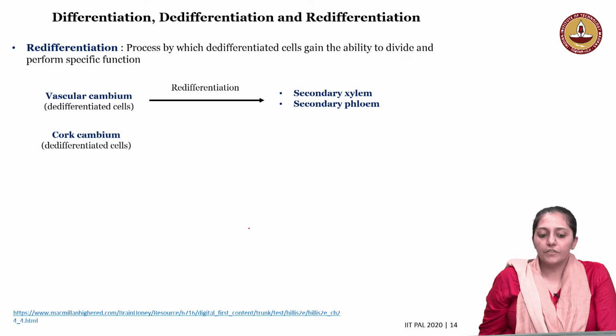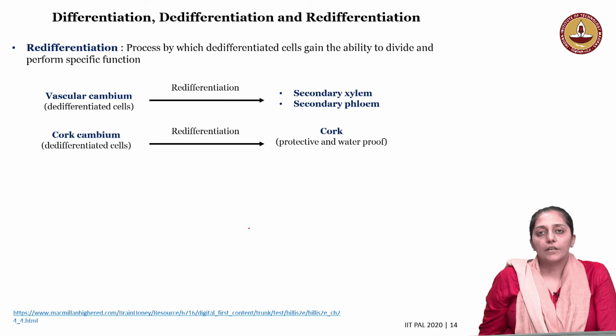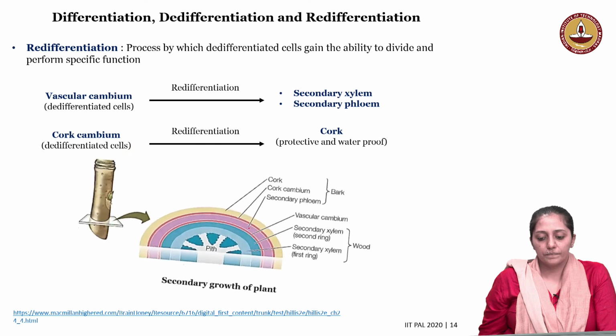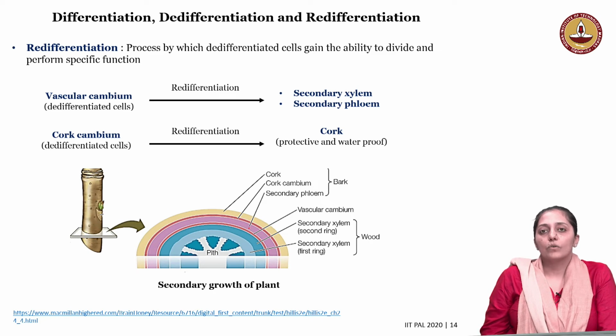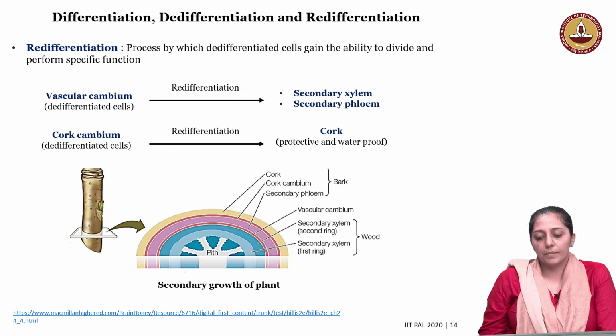Similarly, cork cambium, which is again formed from dedifferentiated cells, will undergo the process of redifferentiation to form the cork, which is the protective or waterproofing tissue in the plant. So, this is how secondary growth enhancement will happen in a plant.